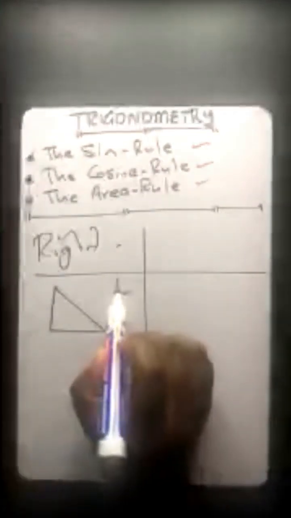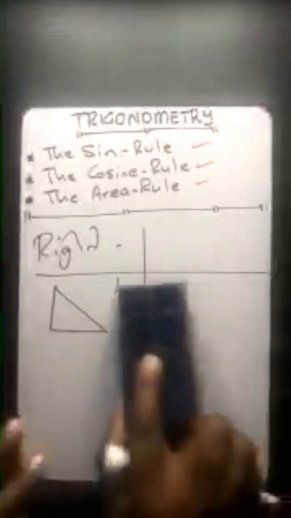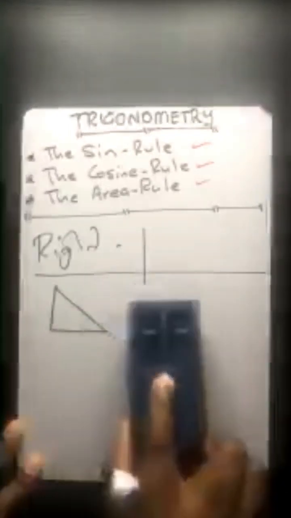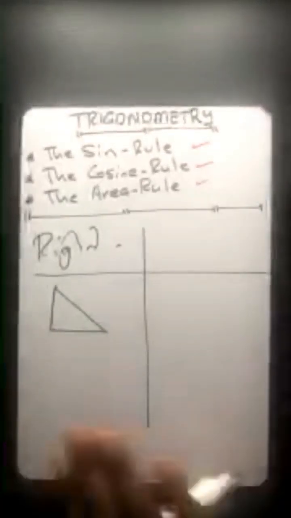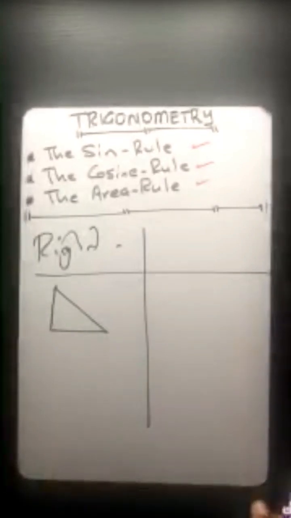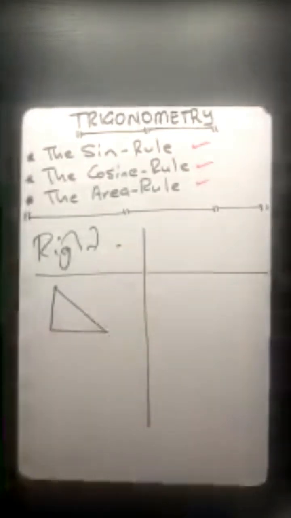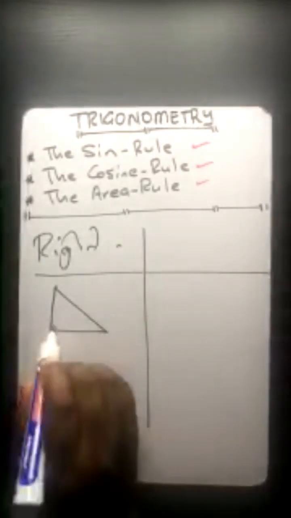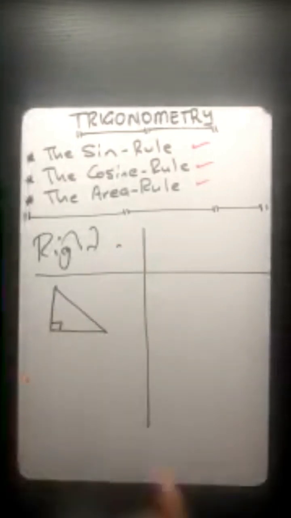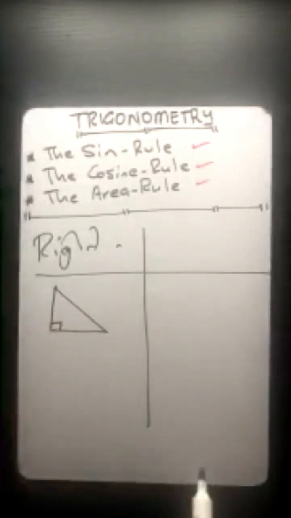Number two, we do not see the 90-degree sign, which means this is just a triangle, which could possibly be isosceles or scalene, but it doesn't really matter that much. We are only interested in knowing if we have a right-angled triangle or not. So the moment I do that, then you know this is a right-angled triangle.